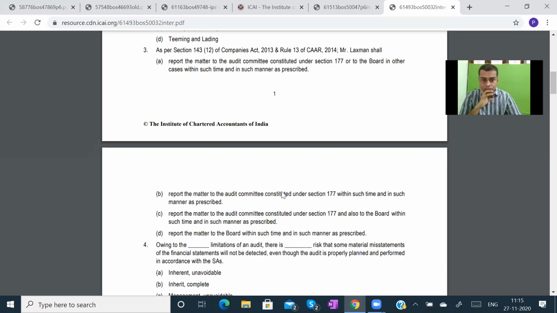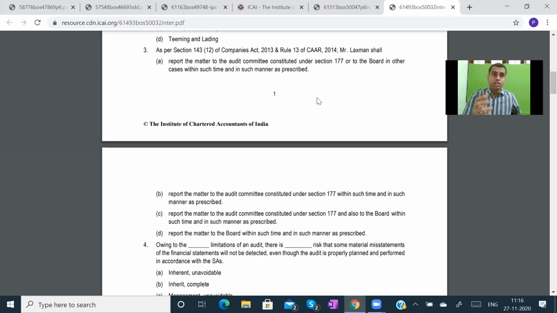Option C, report the matter to the audit committee constituted under section 177 and also to the board within such time and in such manner as prescribed. Option D, report the matter to the board within such time and in such manner as prescribed.